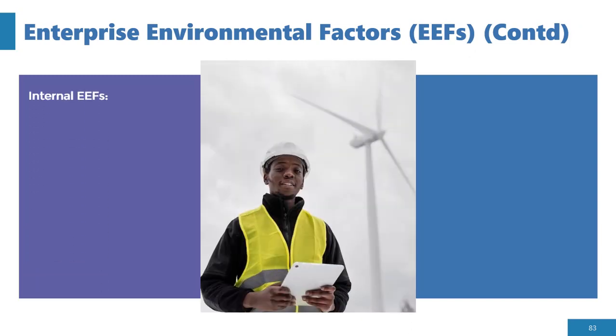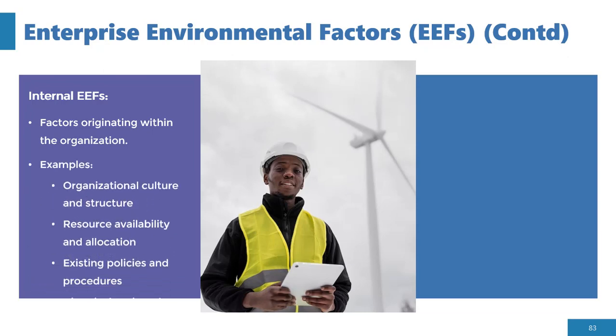So what are those internal factors? Let's look at those internal factors. These are factors originating within the organization. Examples of internal factors include the organizational culture and the structure.